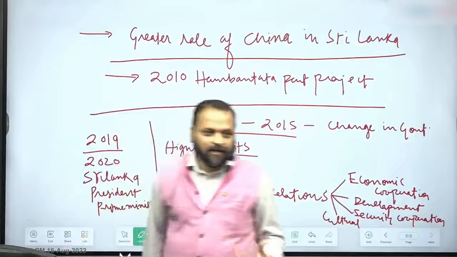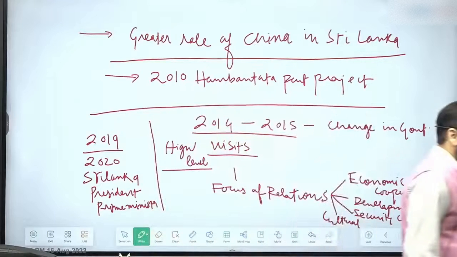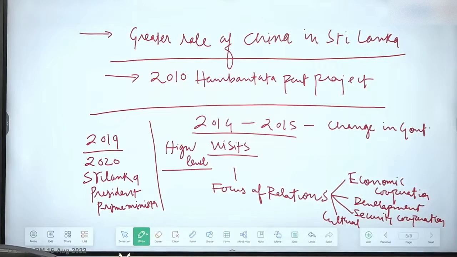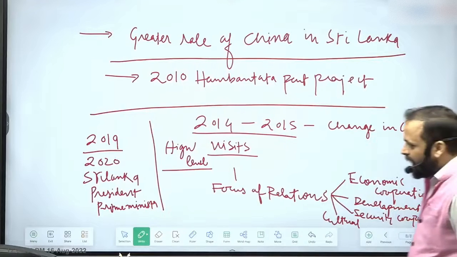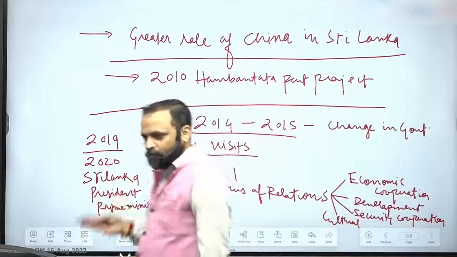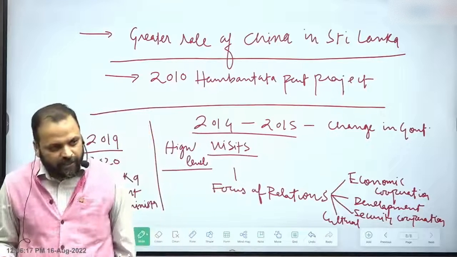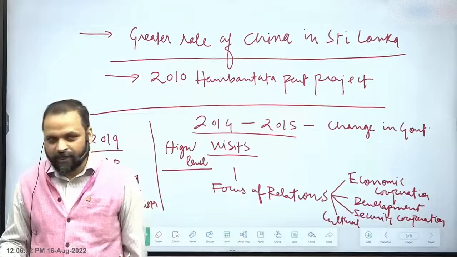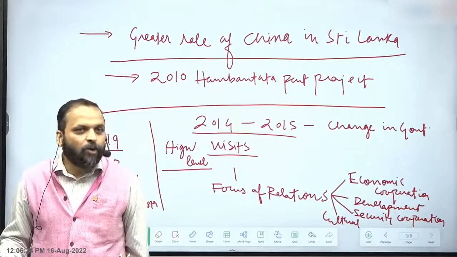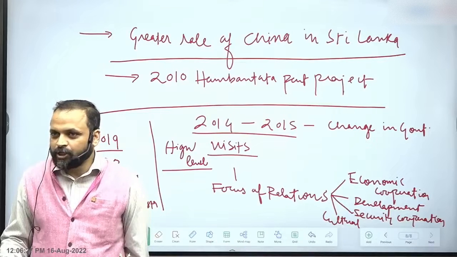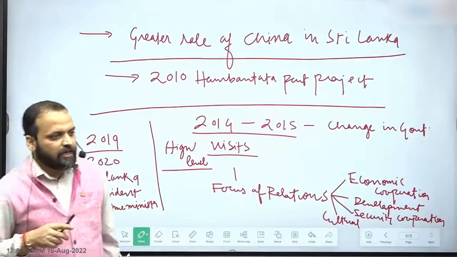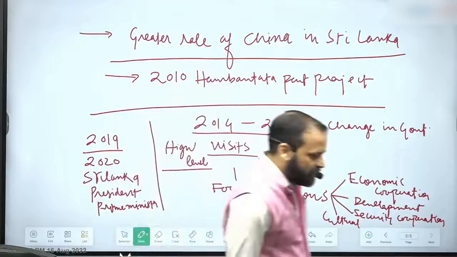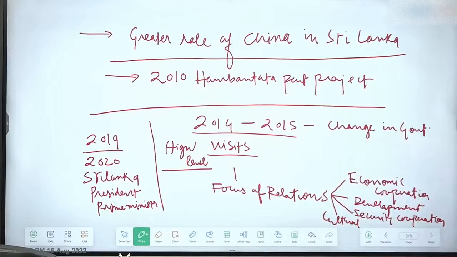Again, Mahinda Rajapaksa's brother Gotabaya Rajapaksa becomes the president in 2019, and Mahinda Rajapaksa becomes the prime minister. So again there is a change in government. So now, recalling the nature of relations during this period, it was argued or speculated that this government would further favor China over India. All right, that was speculated.